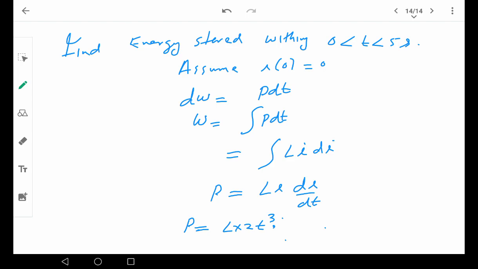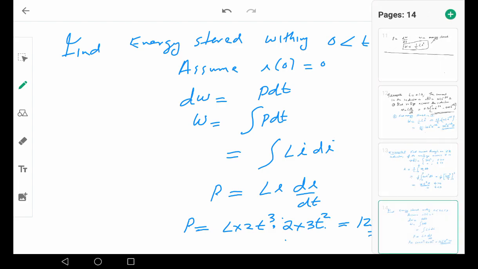Differentiating 2t cubed gives 2 times 3t square. It's not 4L: 2 into 2 is 4, into 3 is 12. So you can write 12L t raised to 5 watts.